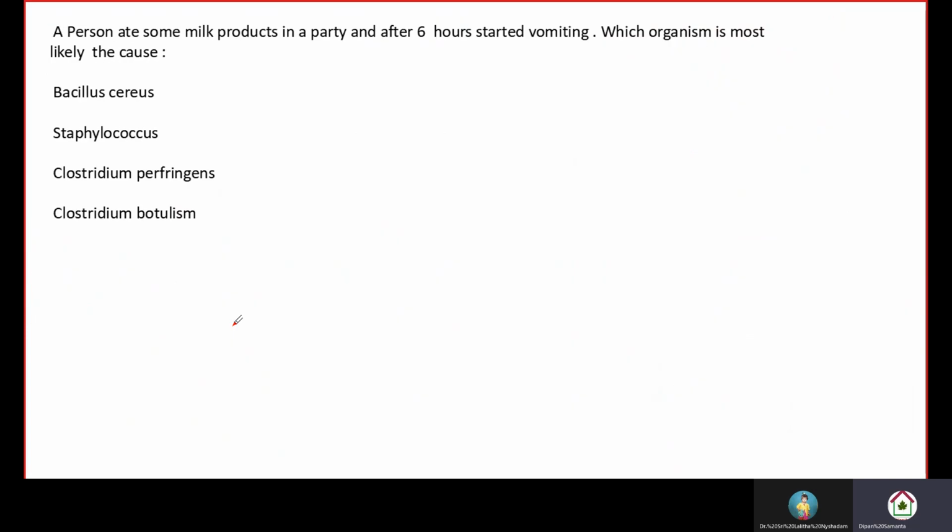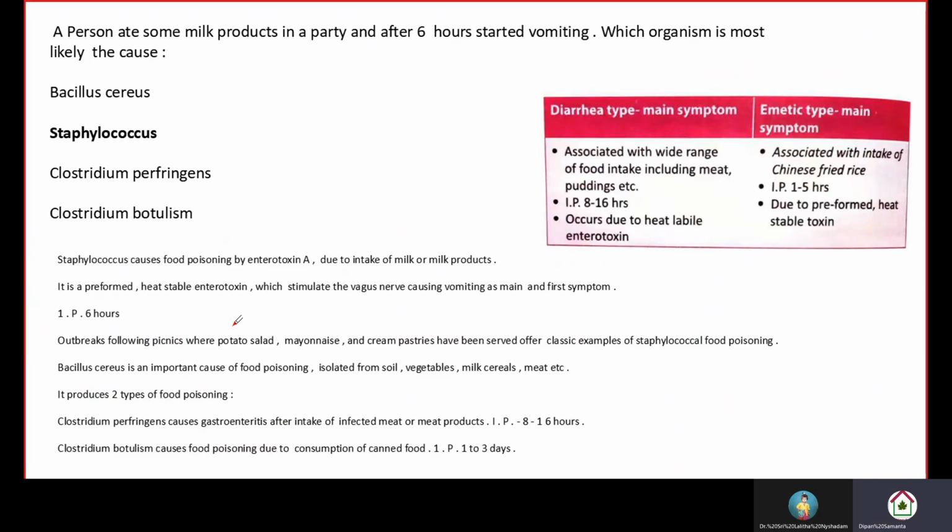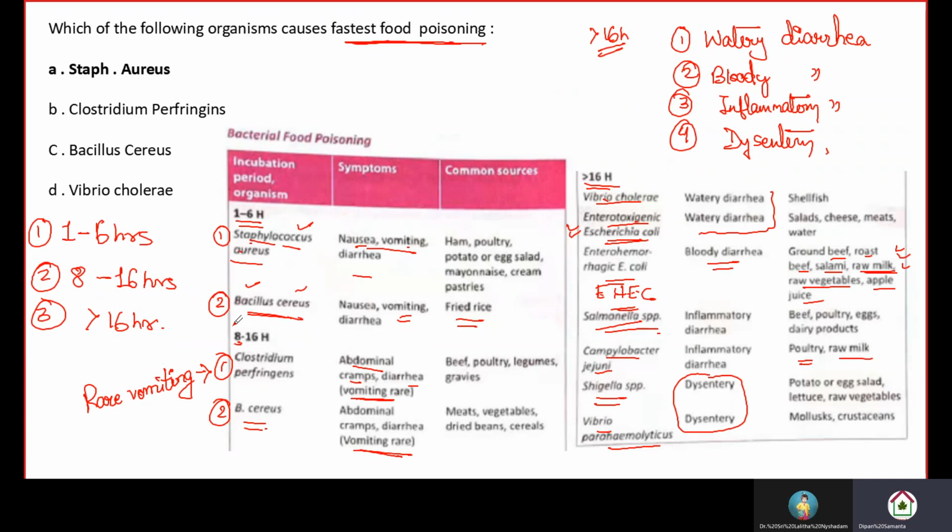Okay, next question. A person consumes some milk products in a party and after 6 hours started vomiting. Which organism is most likely the cause? So either it will be Staphylococcus, or we know it can be Bacillus cereus also.